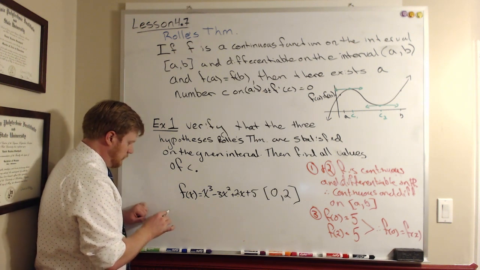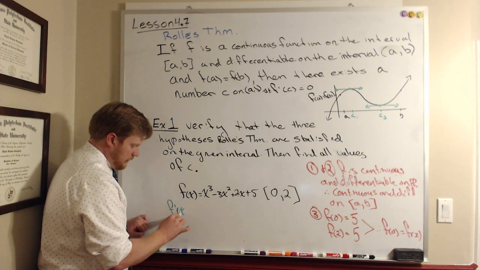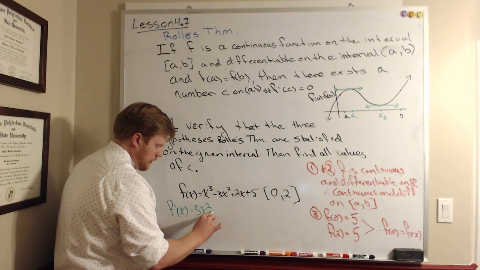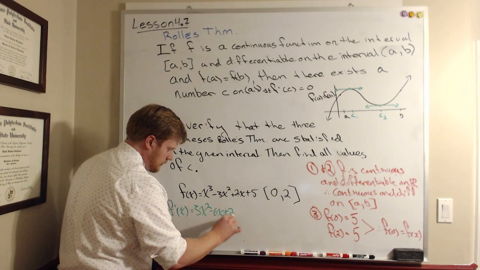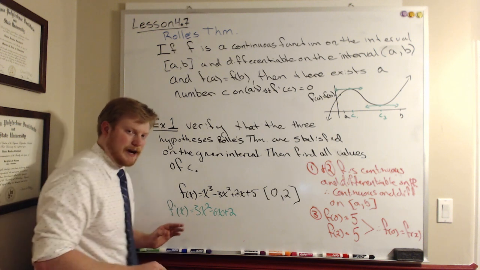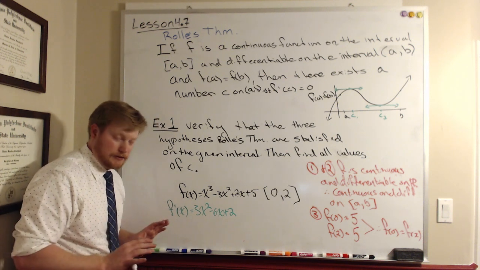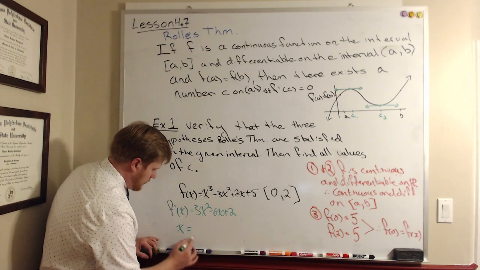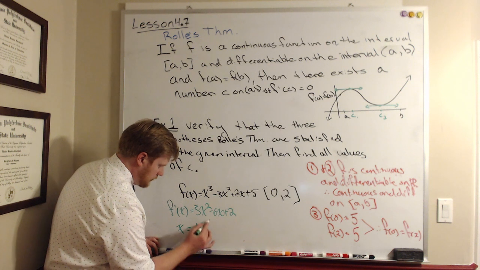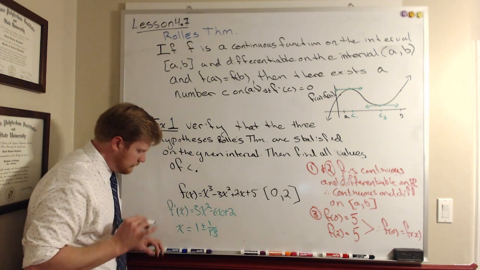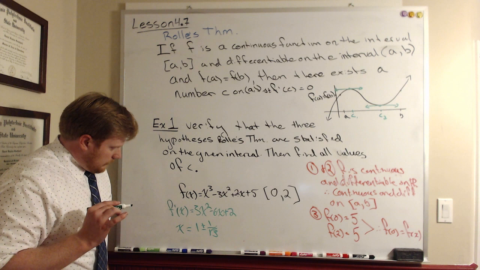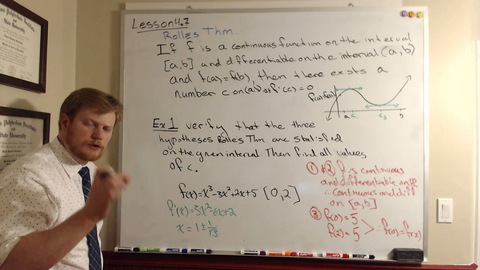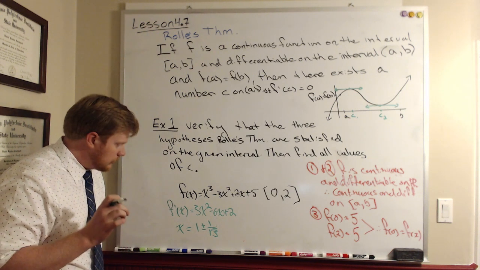So let's find it. The derivative of f is 3x squared minus 6x plus 2. That doesn't factor very nicely. In fact, it doesn't factor at all. So I would have to use the quadratic formula, and when I do, I get that x is equal to 1 plus or minus 1 over the square root of 3.